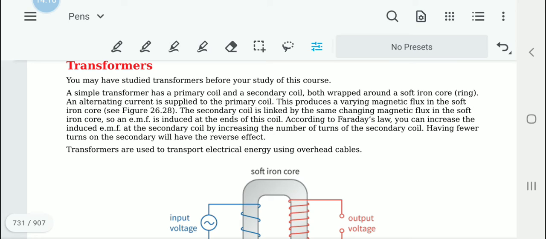The changes in this magnetic flux induce an EMF in the secondary coil, which can be increased by increasing the number of turns of the coil.